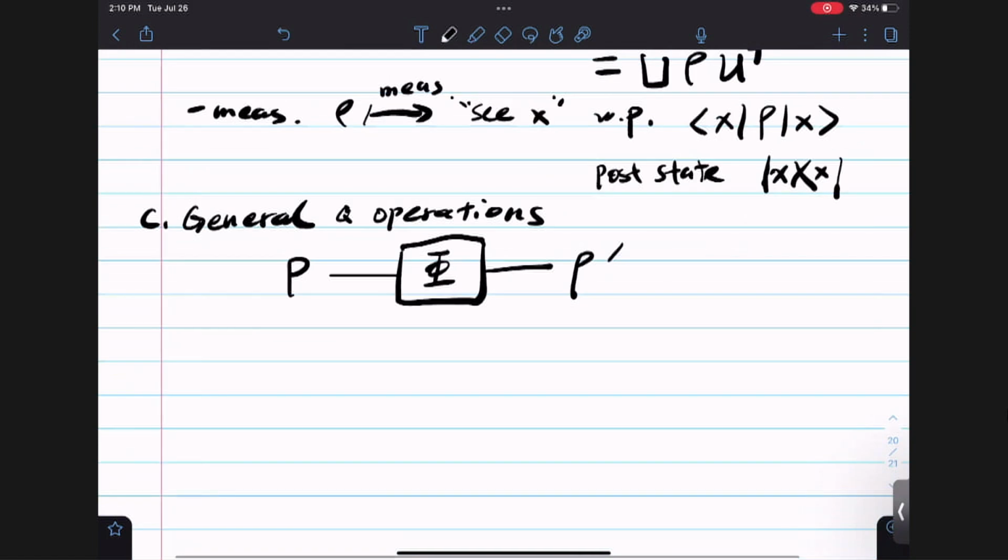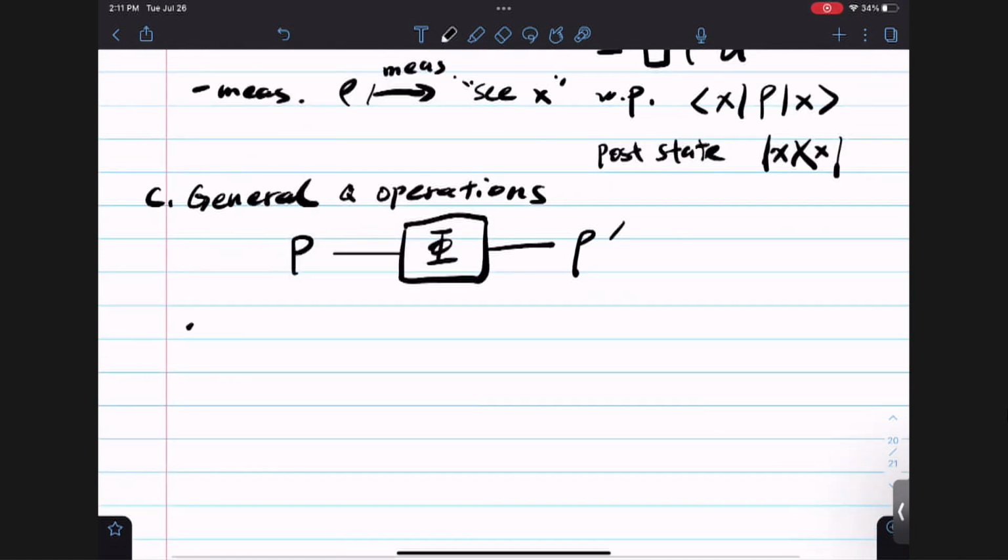This can be anything, like creating a qubit, creating multiple qubits, or throwing away some of the qubits in your existing system, or any operation that's allowed by quantum physics. Formally, we call this a quantum channel.